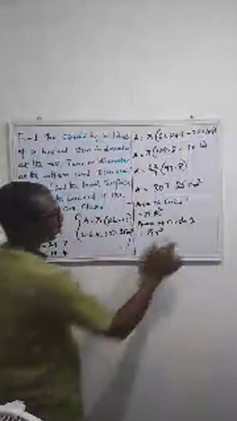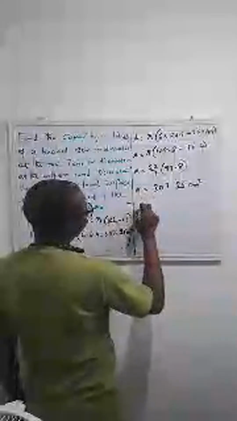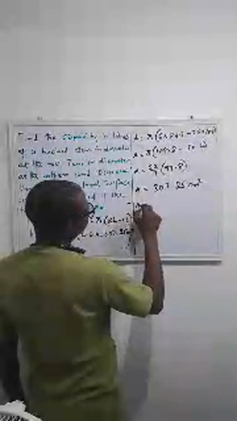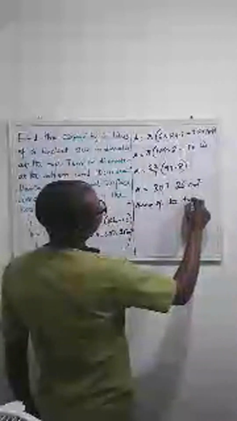All right, so we have the area of the circle, now it is two circles. So we have the area of the two circles. Now that gives us what?